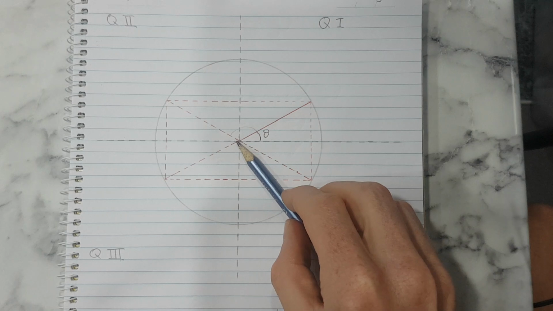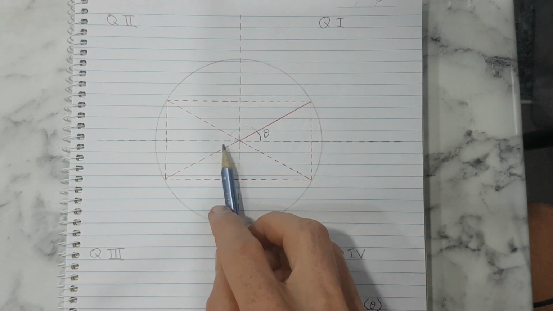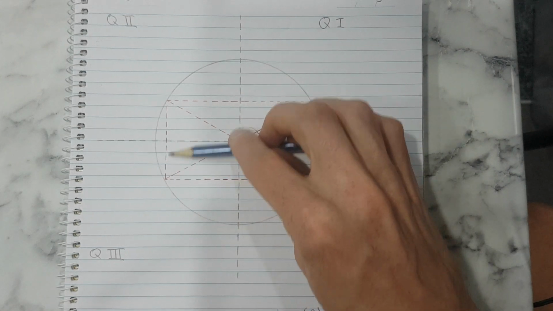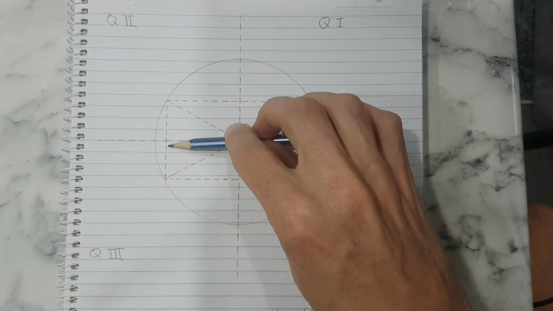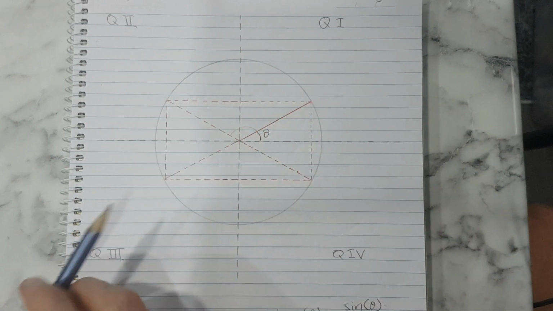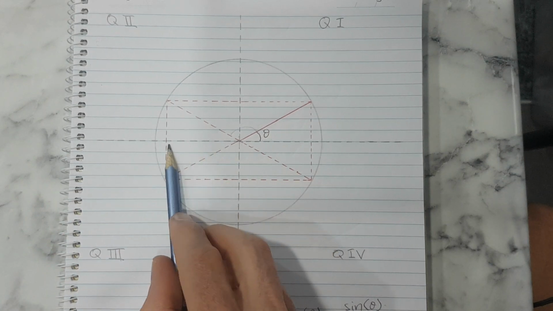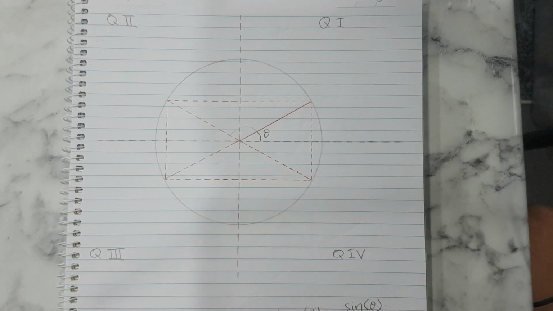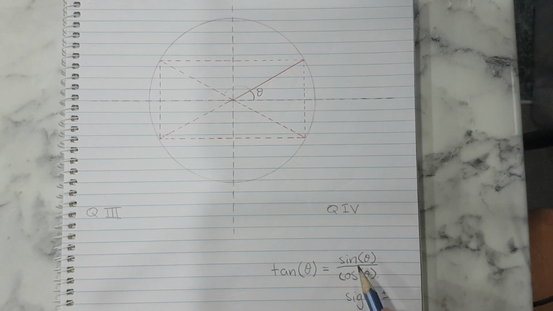So now we're looking at this triangle here. So we look at sine first. Now we're in the negative y direction, because it's this line here we're considering. So that's going to be a negative sine. The cosine is in the same spot. It's this one here. So that's negative cosine. So since sine and cosine both have the same sign, they'll cancel out.